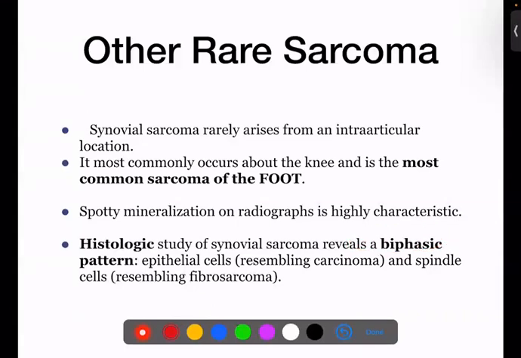This word always comes, sometimes. Synovial sarcoma in histology has, question mark, biphasic pattern. Okay? What do they mean by biphasic? They have features of carcinoma and features of sarcoma. Okay? So you have epithelial cells and spindle cells.